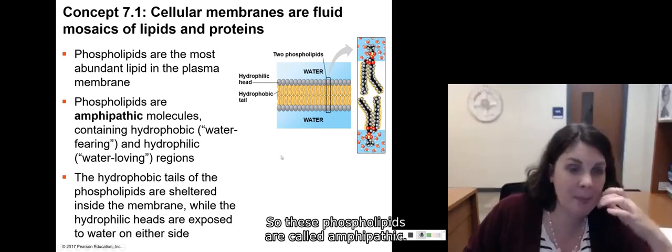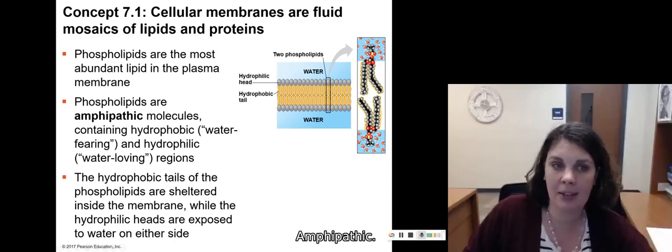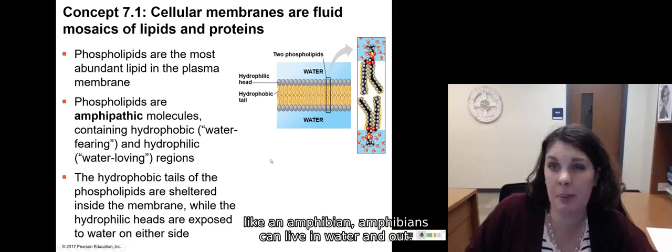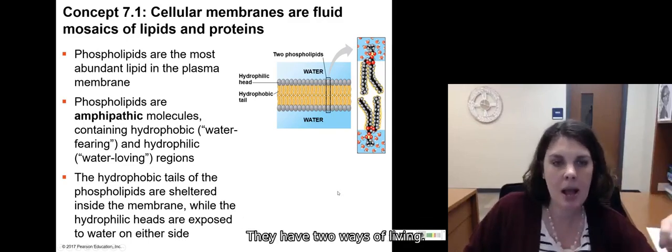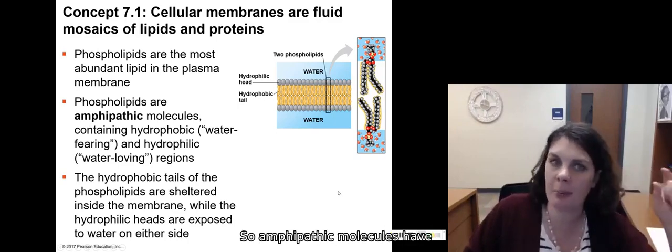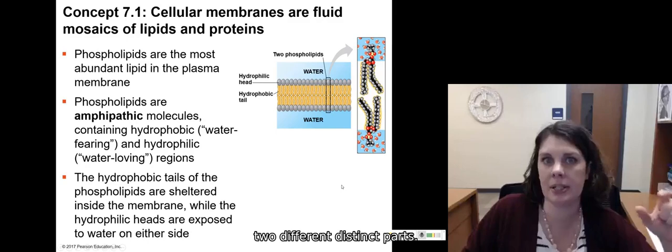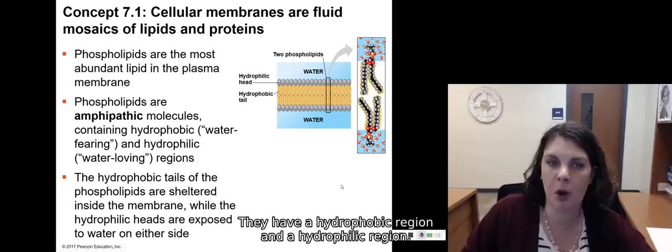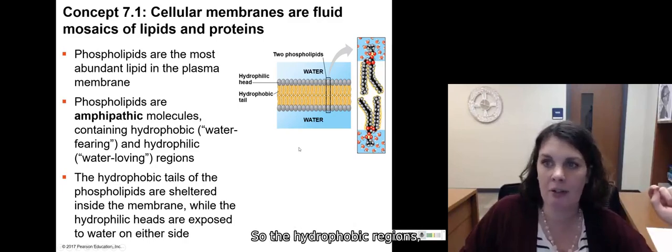So these phospholipids are called amphipathic. Amphipathic, so if you think of amphi like an amphibian, amphibians can live in water and out. They have two ways of living. So amphipathic molecules have two different distinct parts. They have a hydrophobic region and a hydrophilic region.